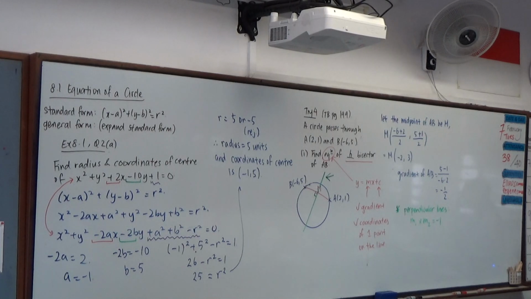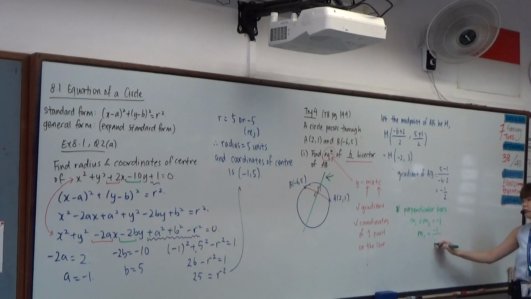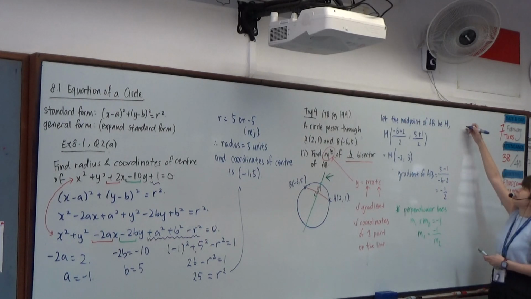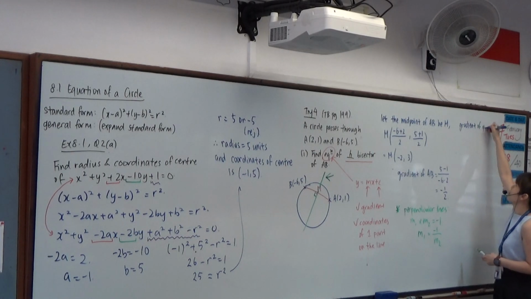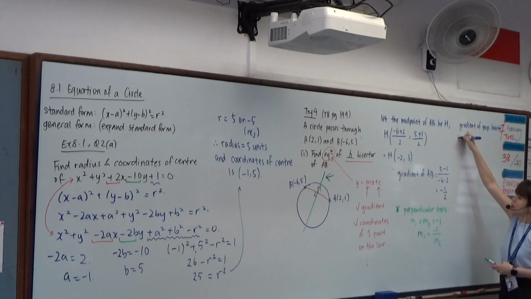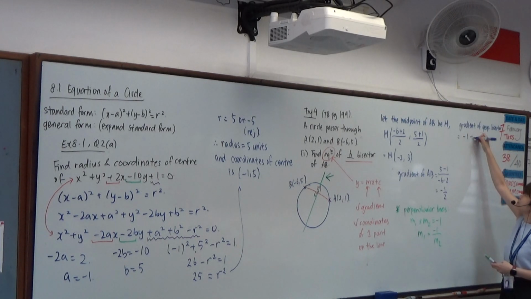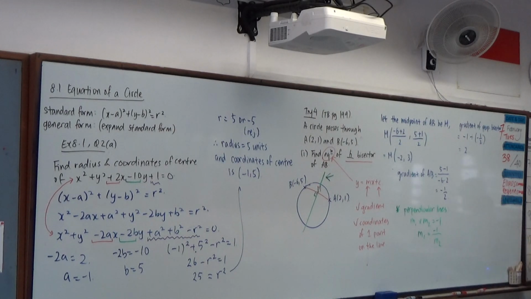In other words, m1 equals negative 1 over m2. If you know this fact, you could directly jump into finding the gradient of the perpendicular bisector. That will be negative 1 divided by negative half, so that's 2.